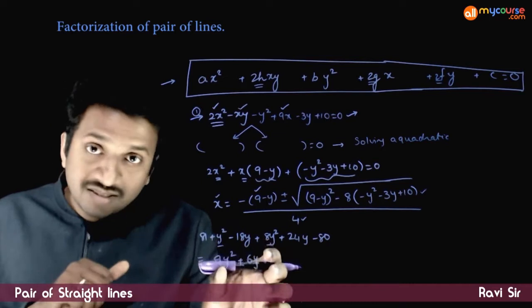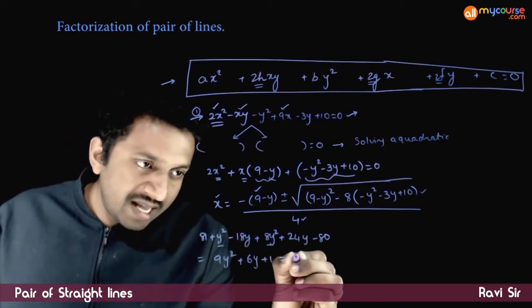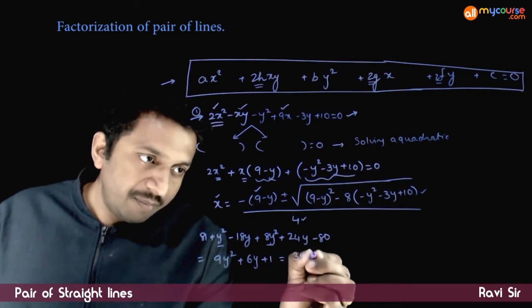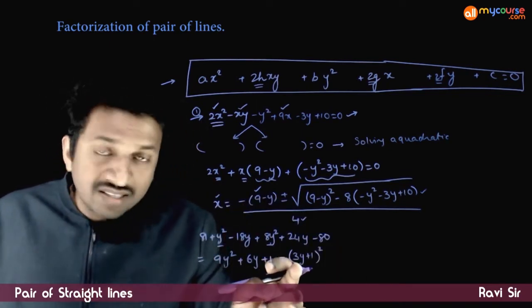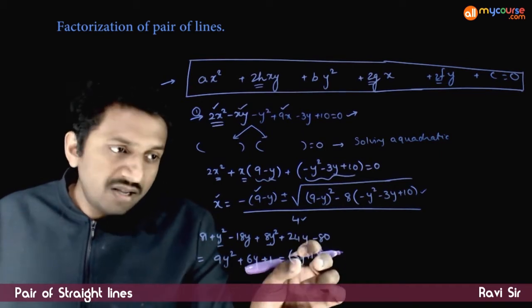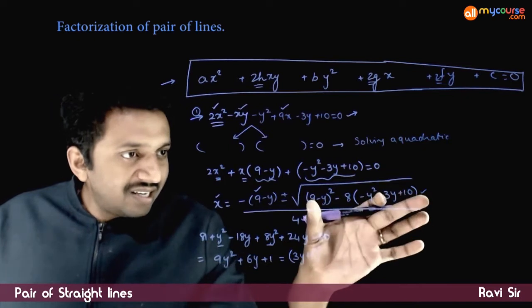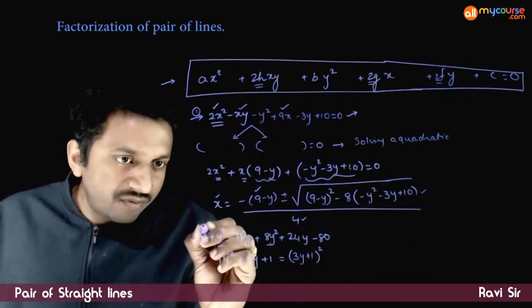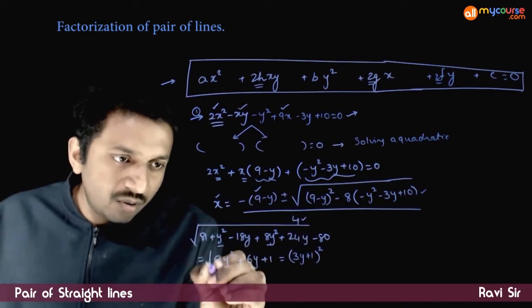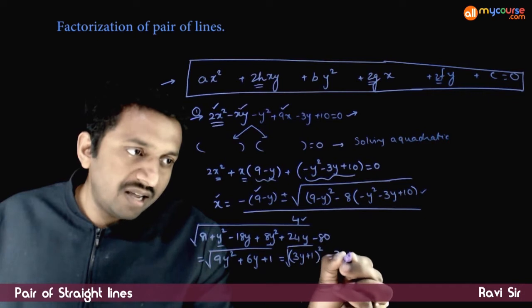So by chance, is this a perfect square? This looks so. This can be written as (3y + 1) whole squared. Right? (3y + 1) squared is 9y squared + 1 plus the 2ab term, 6y. Luckily, this term has turned out to be a perfect square. So the root of this is equal to 3y + 1.